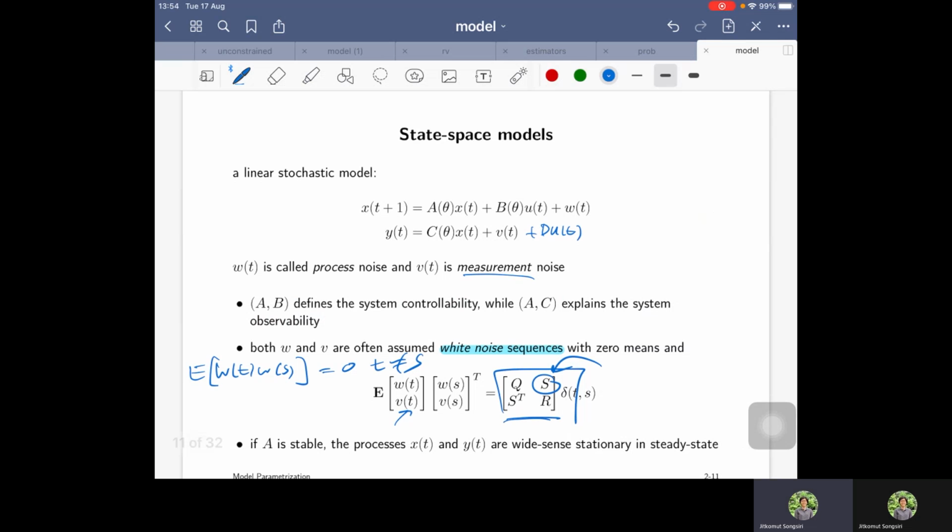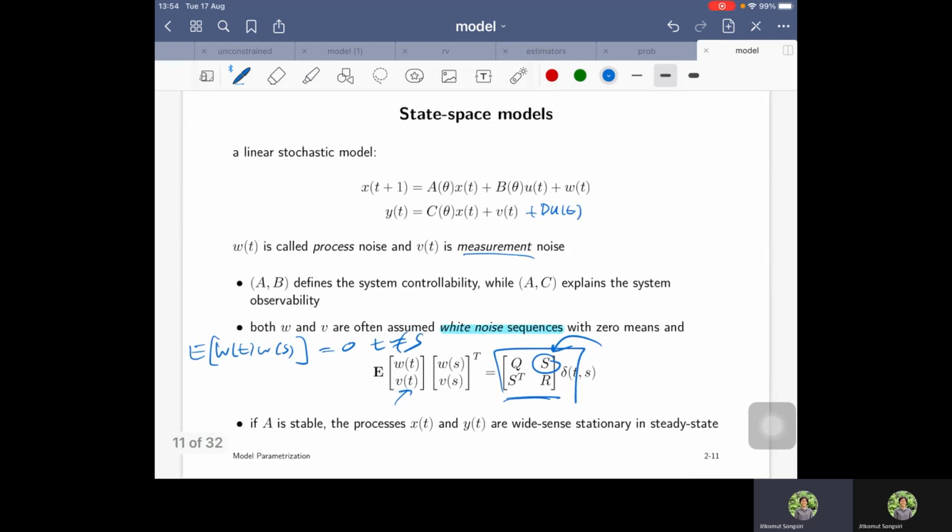In this slide, we would like to look at this: if A, B, C, D, and these noise covariances are given, what are the properties of this model, of this system?